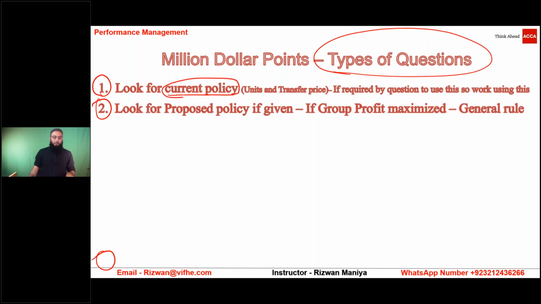Now when I say current policy, it is about two things: the units that are transferred between the divisions and the price at which they are transferred. So the questions do mention the word current policies. You want to look at the current policies.